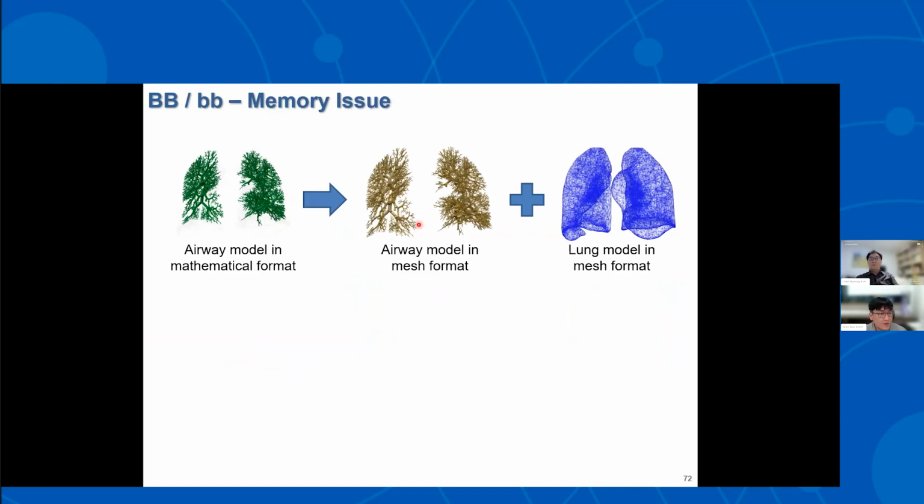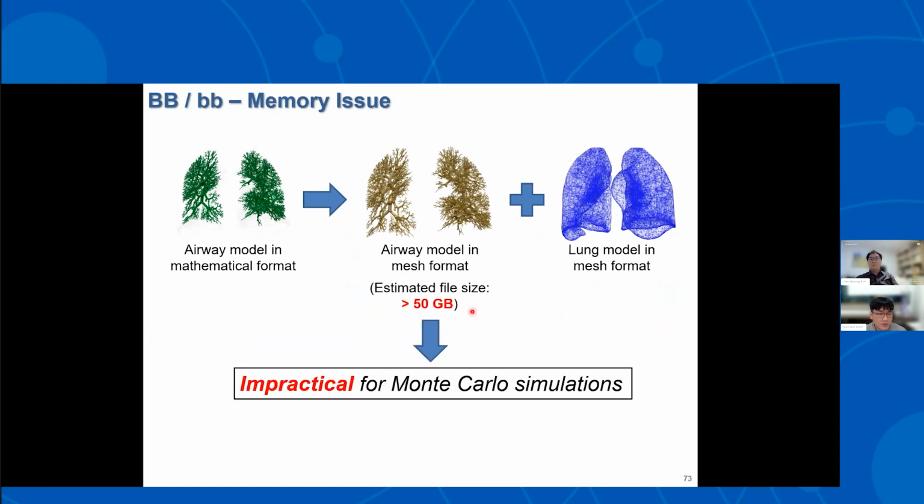Of course, the mathematical airway model we developed should be converted to the mesh format to be installed within the lung mesh model. However, the conversion required extremely large memory allocation, which at present is impractical for Monte Carlo simulation.